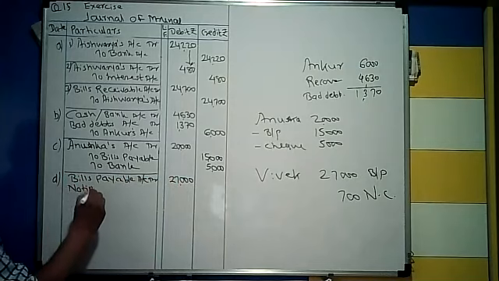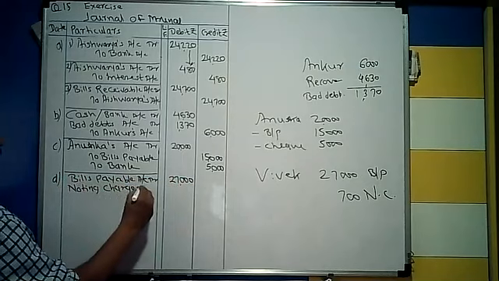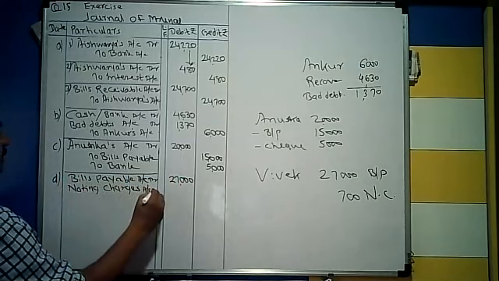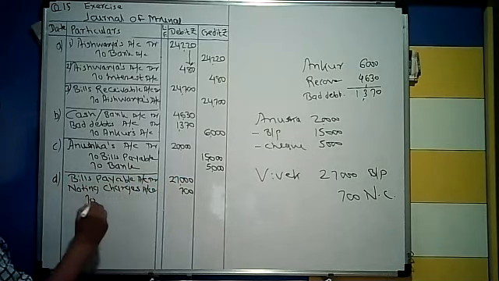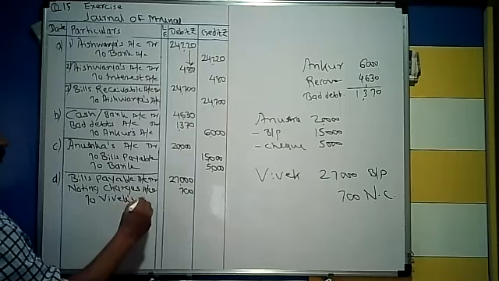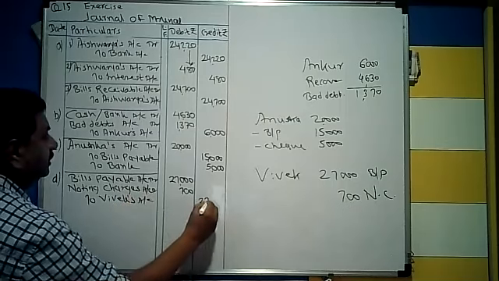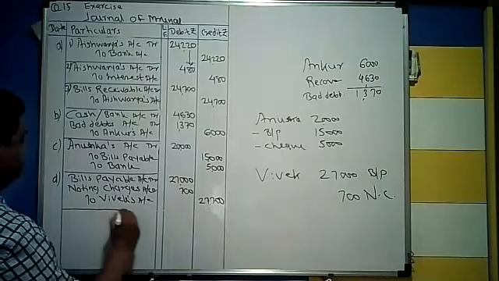Noting charges account debit 700 to Vivek's account 27,700.